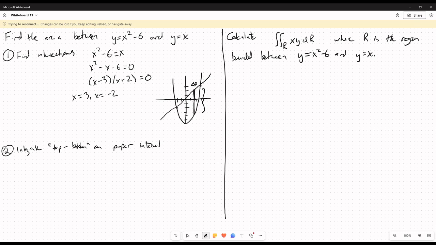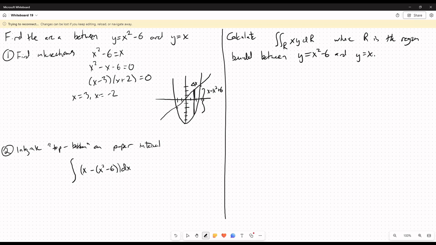So in this case, the height of this little sliver is x minus x squared plus 6. So I'm going to be integrating these little slivers of height x minus, you know what, I'm going to write it as x minus (x squared minus 6), just like that. And I'm integrating dx.